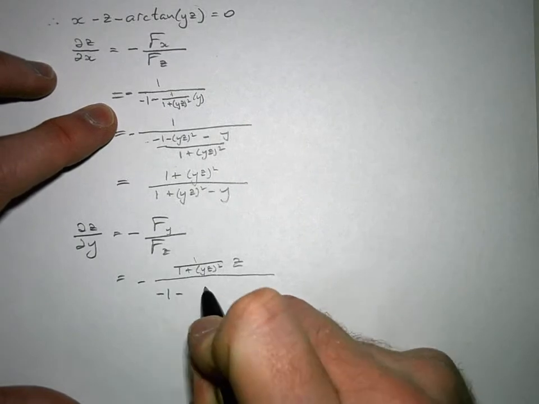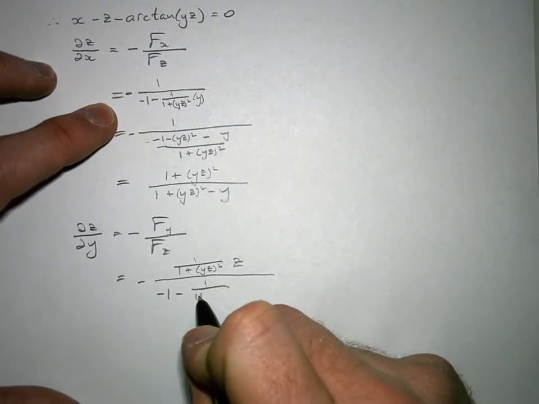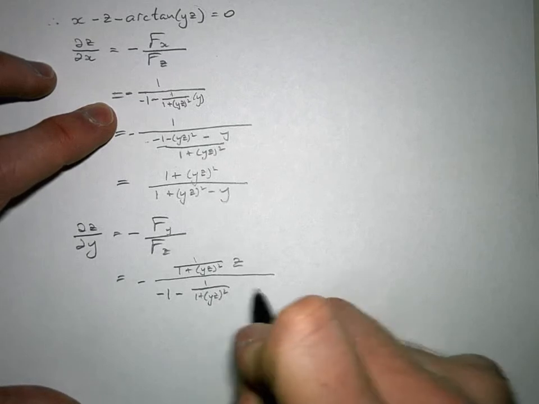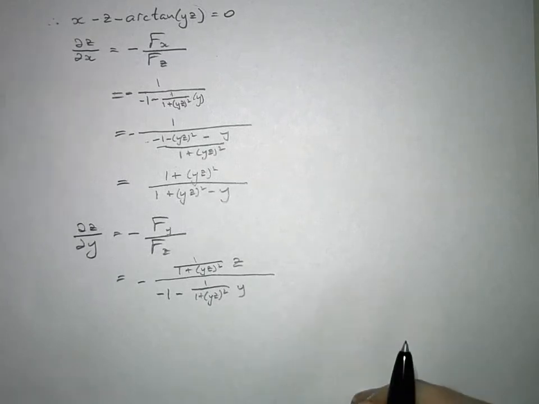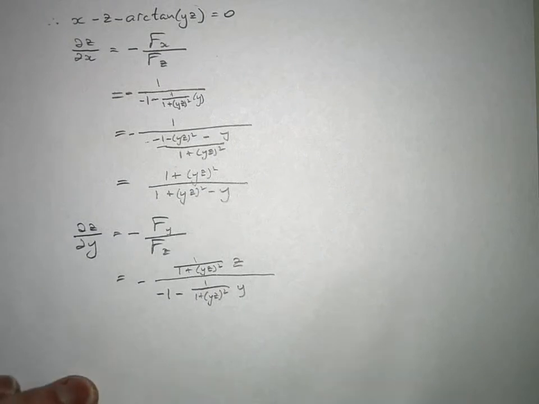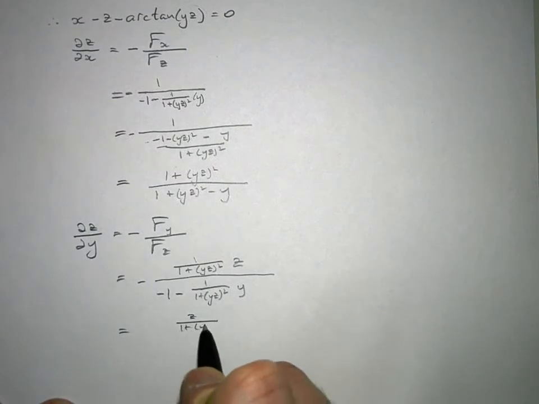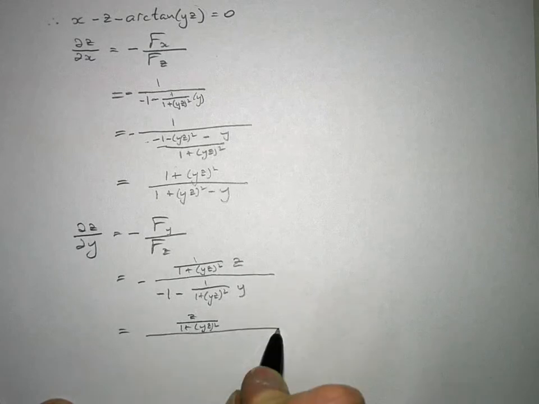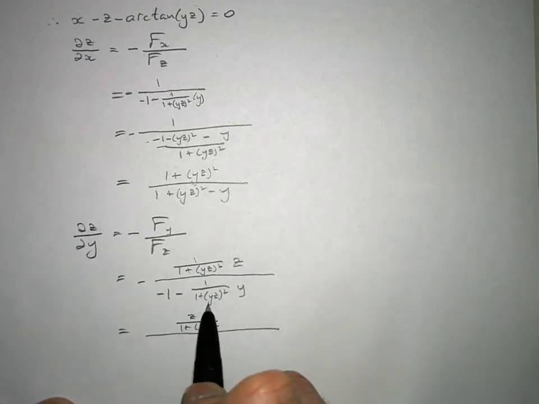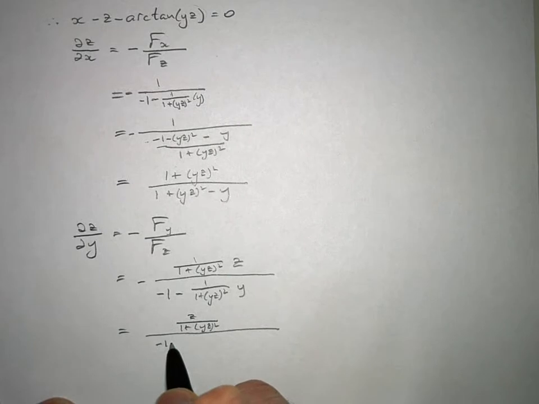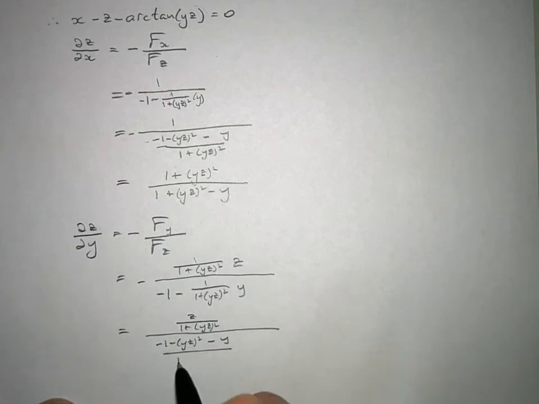We're going to have minus 1 minus 1 over 1 plus yz squared times y. Again, let's multiply through and simplify things a bit. Our numerator now becomes z over 1 plus yz squared. This is just a little bit of algebra. This becomes minus 1 minus yz squared minus y over 1 plus yz squared.